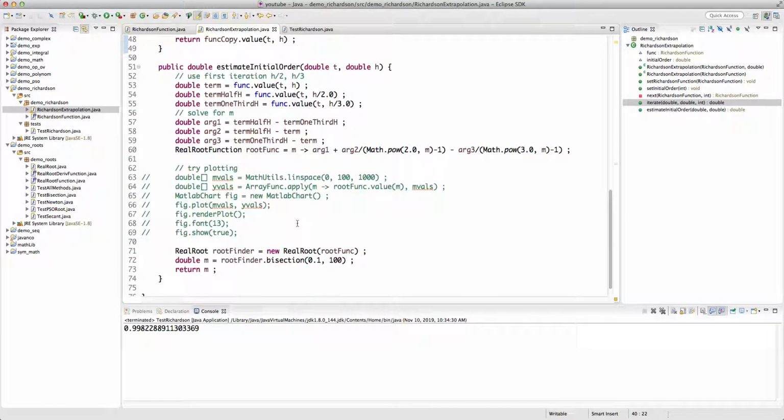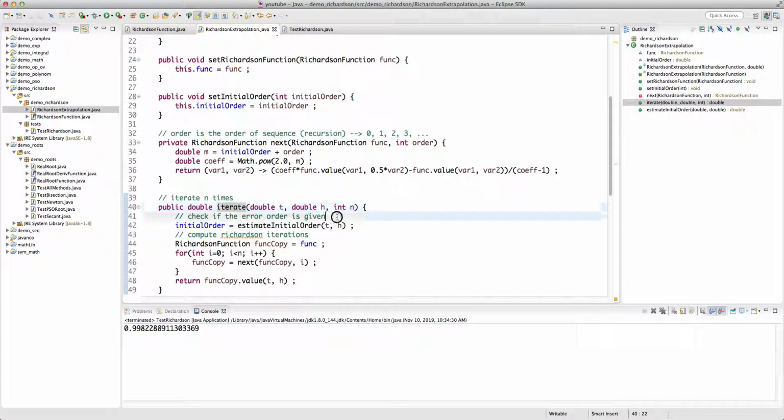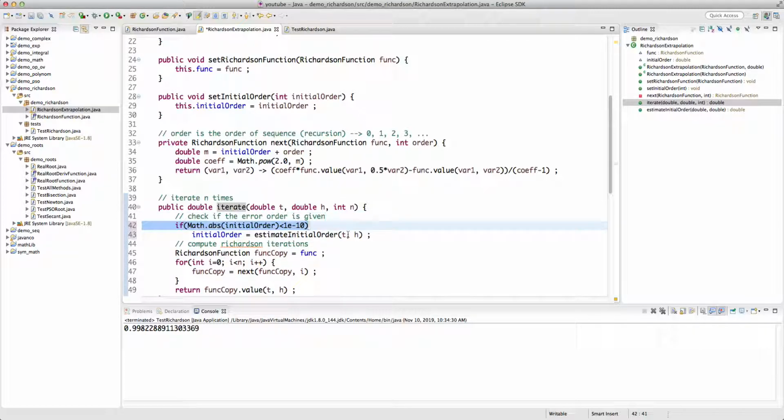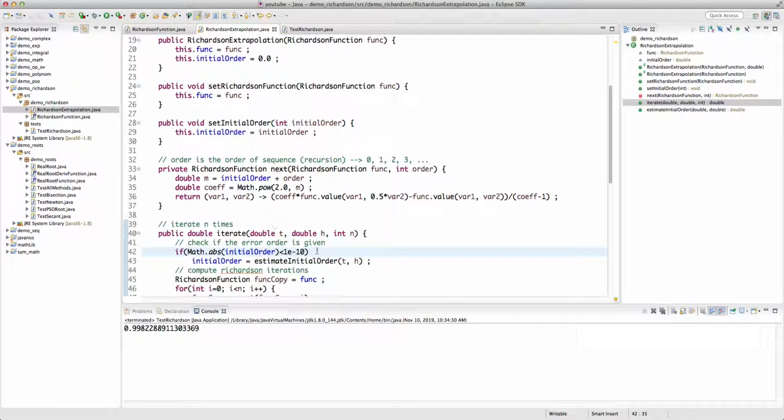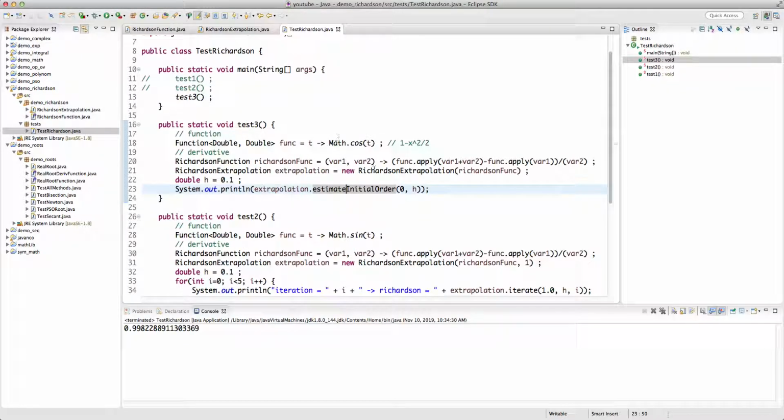Find the order and then calculate it. Okay, I'm going to bring this back. So if initial order is not set, we just use the initial order here. And for cosine at 0, it's x squared over 2, so it should be linear.